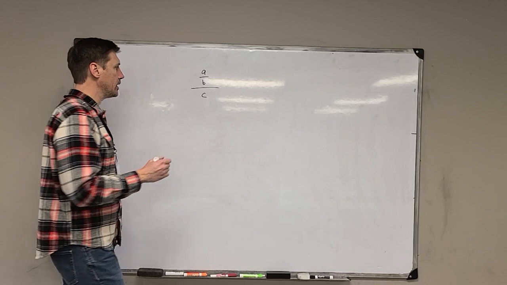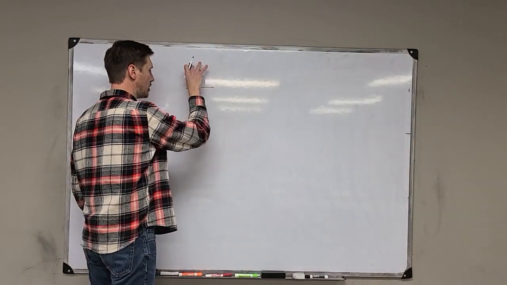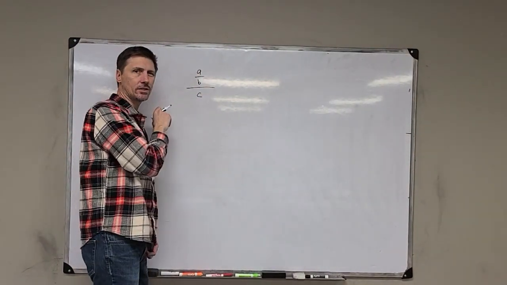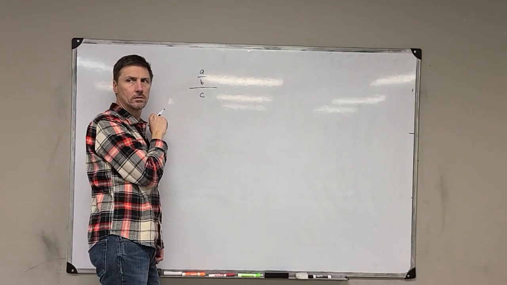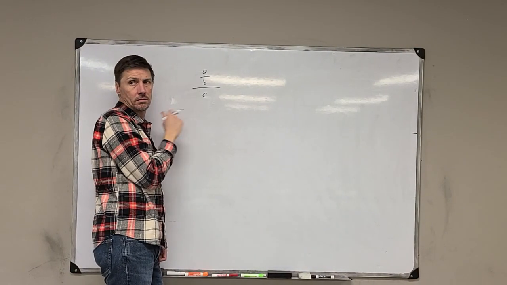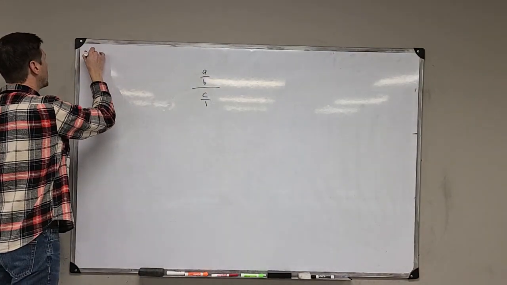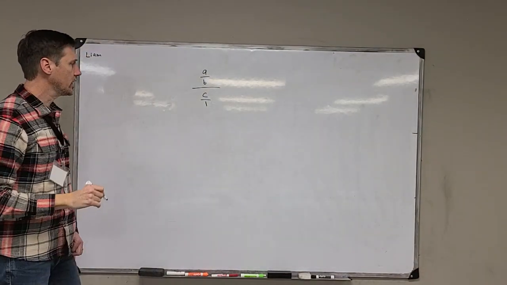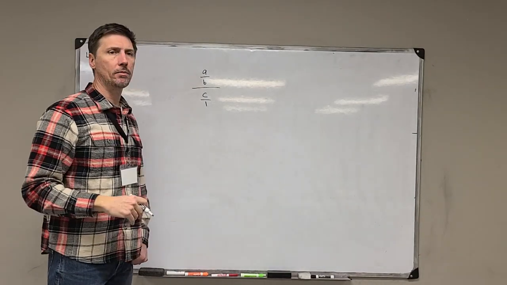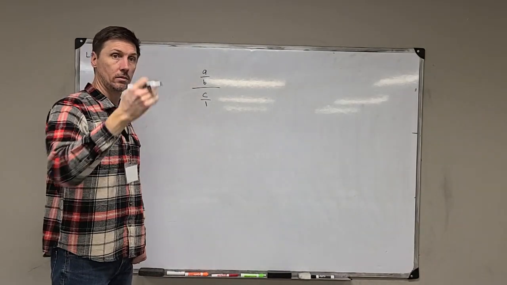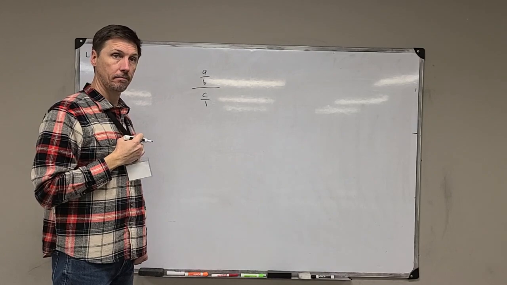The way that I would think about it is I would think about this as a fraction divided by a fraction. How could I think of C as a fraction? C over 1. Yeah, any number could be a fraction. We just do that number over 1, right? So if I think of it as C over 1, now I'm going to... Will you then flip it and multiply it by A? Yep, exactly.